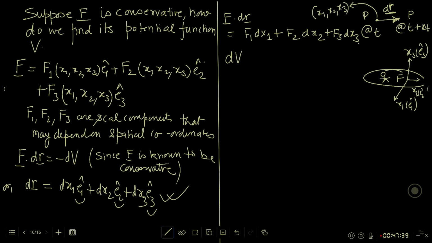So my question is that since V itself is a function of the spatial locations, how much change in V will be seen as we change our location from x1, x2, x3 to this location? How much will be the change? This much would be the change.